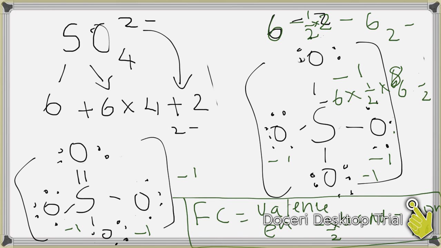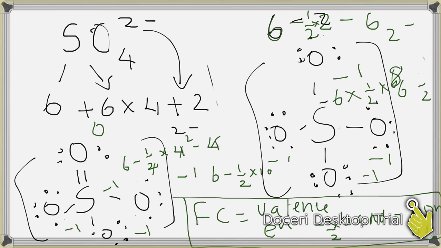But look at that one. 6 minus half into 4, 2, and so this is 0. And then sulfur, 6 minus half into 10, so it's -1.